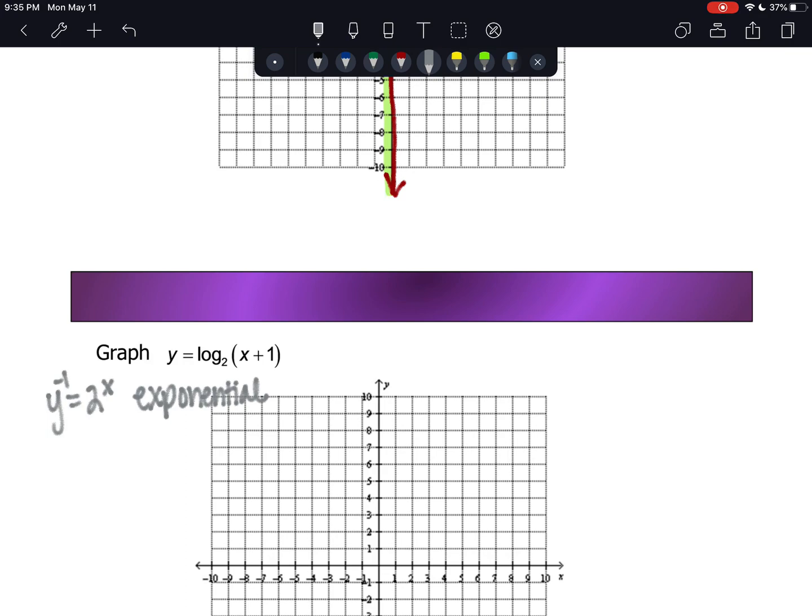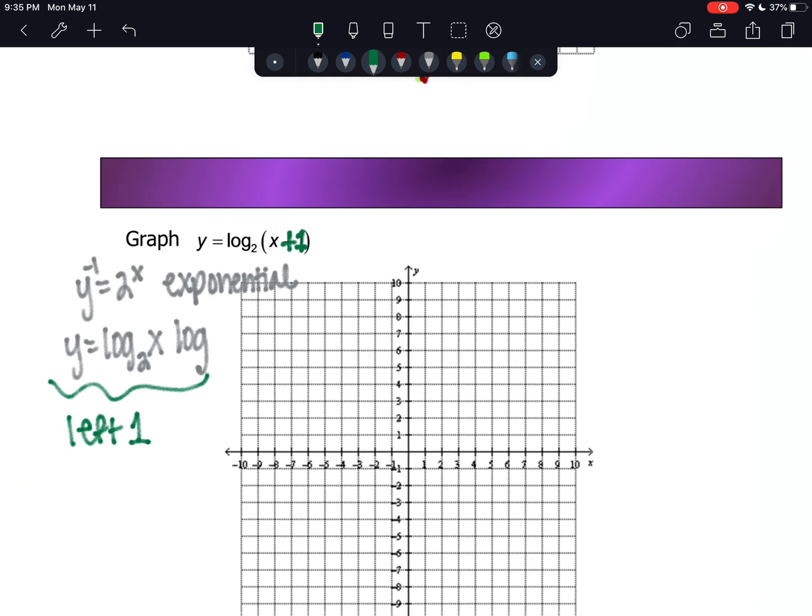That's going to allow us to then graph y equals log base 2 of x. That's our log. And then this plus 1 right here says make this go left 1, because plus 1 is inside the function.